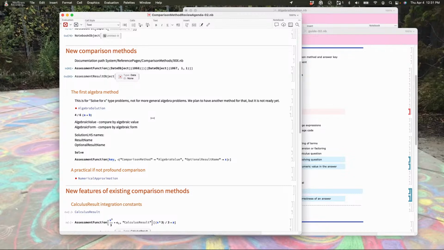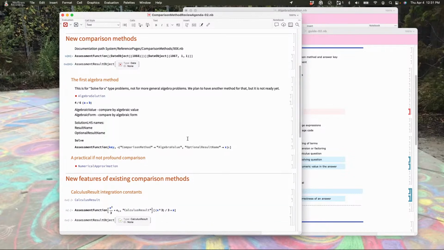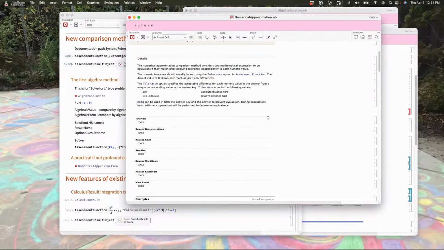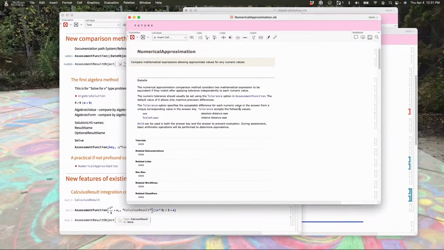Okay, moving on. What's next? The next new method we're proposing is numerical approximation, which is the name. I don't love this name, but we haven't come up with anything better. Basically, it means that you're applying a tolerance to each numeric value in an expression.